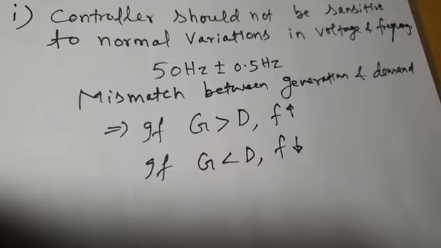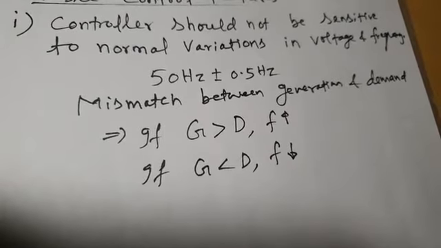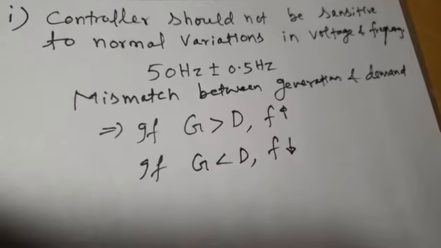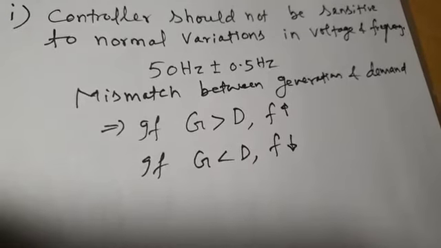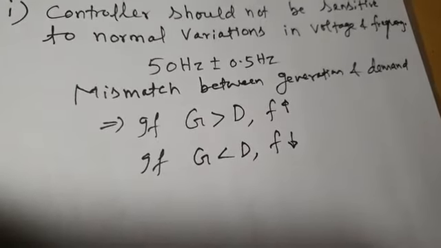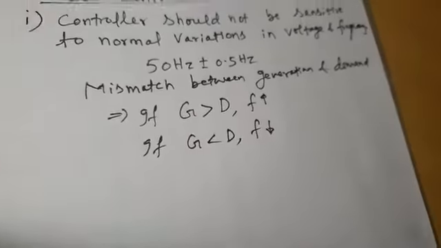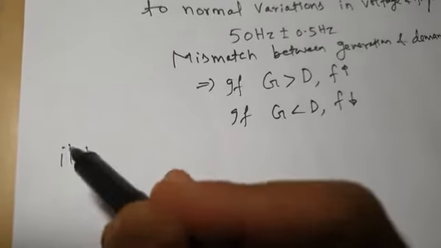It should be sensitive, but not too sensitive to operate on normal variations in voltage and frequency. So it should be insensitive to normal variations in voltage and frequency. This is the first desirable feature of your control system or controller.